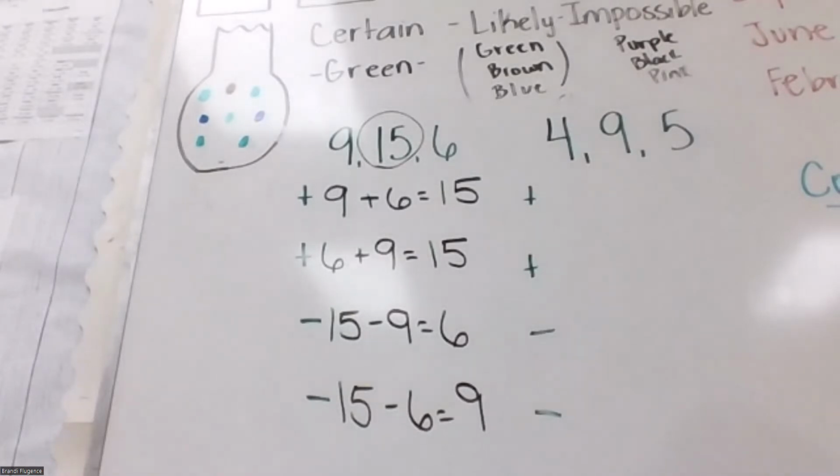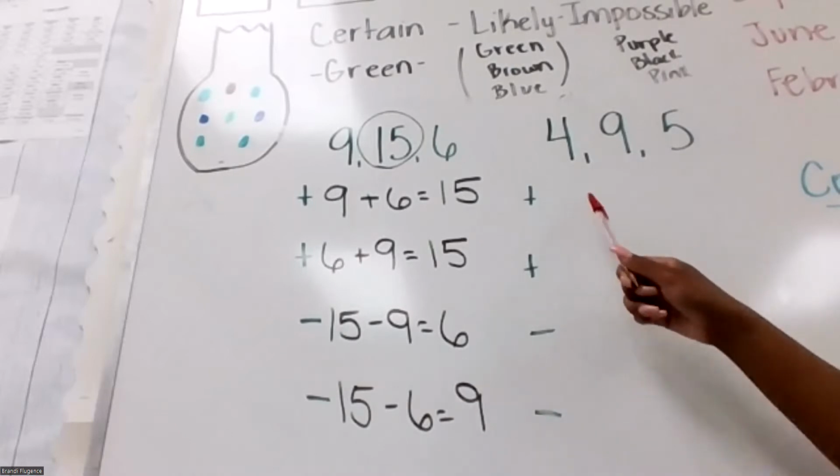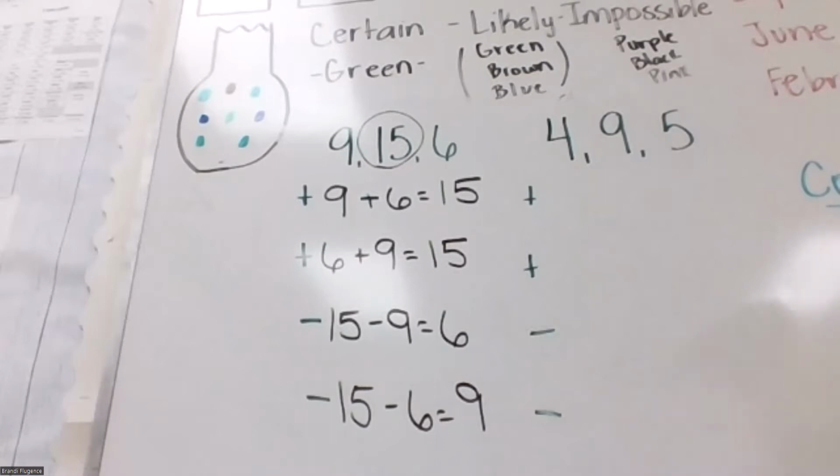The bigger number is 9. Oh, I got it. 4 plus 5. Okay, 2 addition facts, and then 2 subtraction.